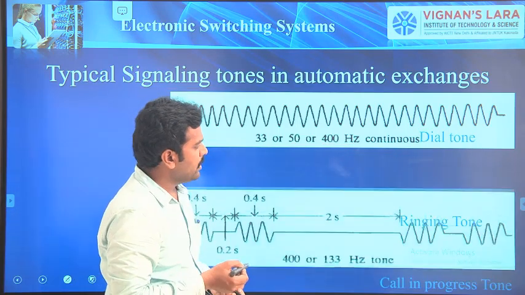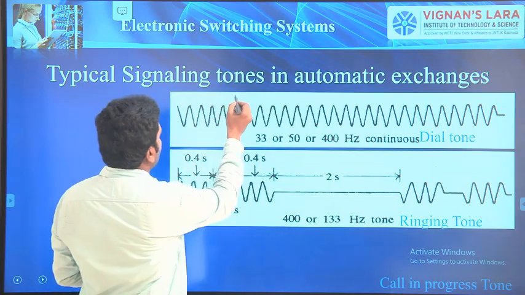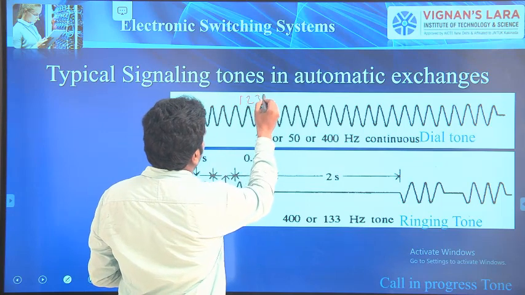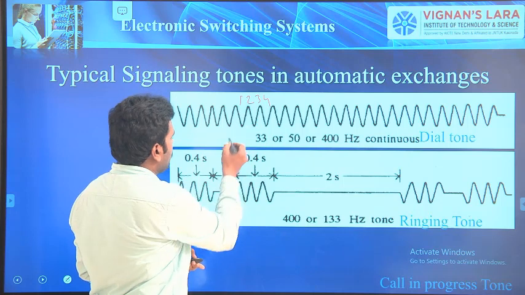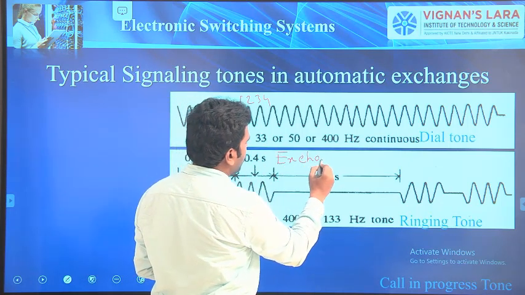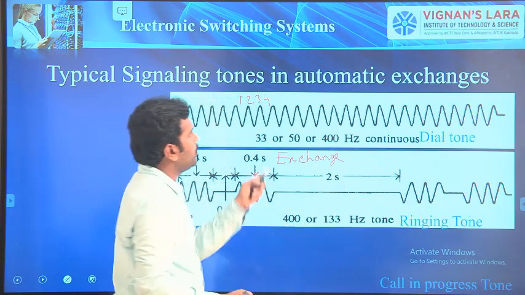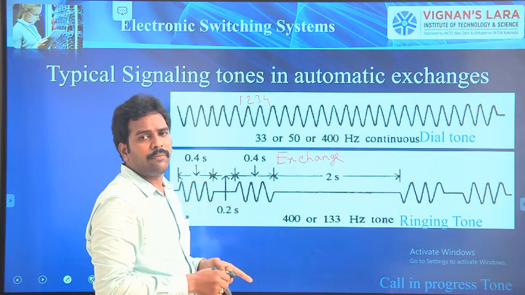Next one is the ring tone. What is the meaning of ring tone? I call some subscriber, 1, 2, 3, 4. How does he know that he is getting a call? The exchange must send a ring tone to the subscriber, so that he is able to understand that he is getting a call.